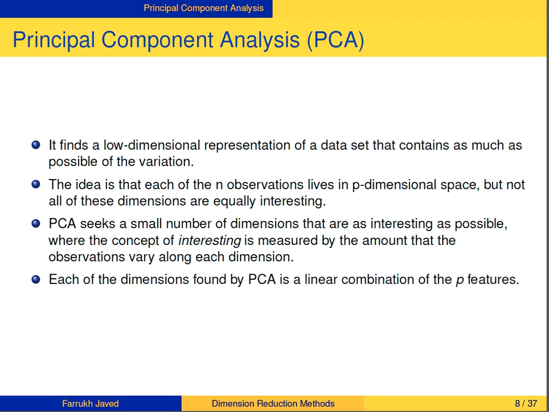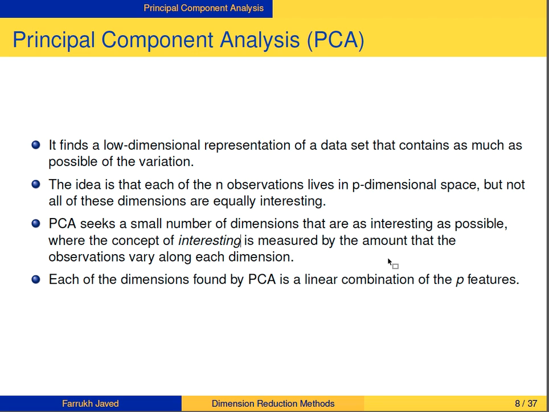It finds a low dimensional representation as we discussed, and the idea is that each of the n observations lives in p-dimensional space. You have p variables, so to say p predictors, but not all of those variables are equally interesting. So PCA seeks a smaller number of dimensions that are as interesting as possible, where the concept of interesting is measured by the amount that the observations vary along each dimension.